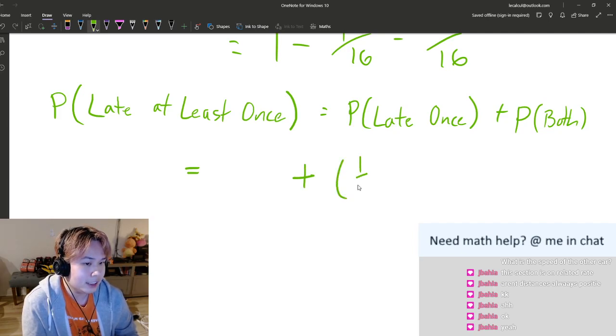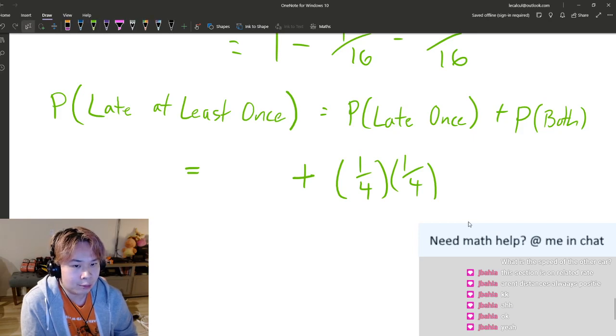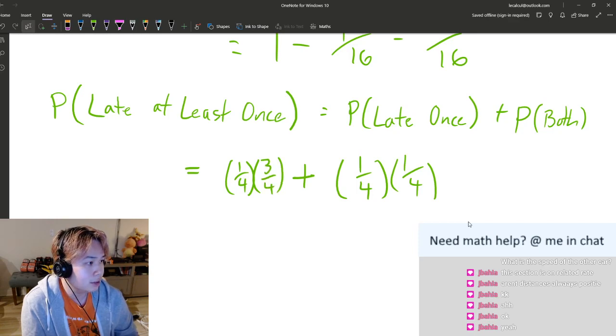First off, the probability that he's late both days is 1 out of 4 times another 1 out of 4, so he's late both days. And then him being late once means that one of the days he's late, the other day he is not late. But we don't know which day is the late day and which day is the whatever day, so we need to multiply this by 2.